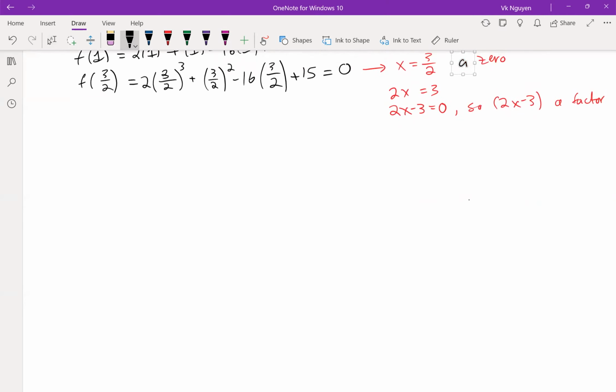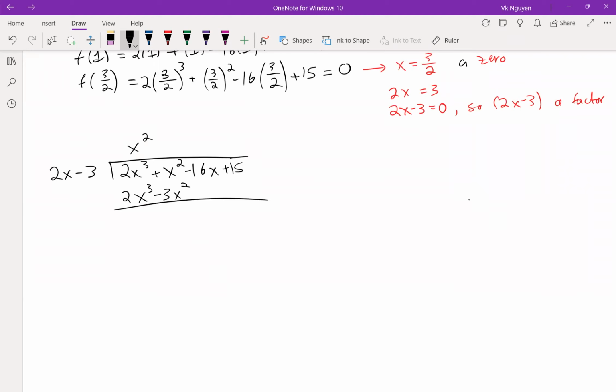Step 2, use the long division to get the remaining factor. 2x minus 3 divided into 2x to the 3 plus x squared minus 16x plus 15. 2x going into 2x to the 3, x squared times 2x is 2x to the 3, x squared times negative 3 is negative 3x squared.